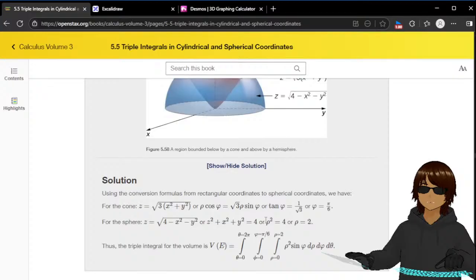We have this, and then we have rho squared is equal to 4, or rho is equal to 2. So from 0 to, okay, wait. This is rho cos phi.